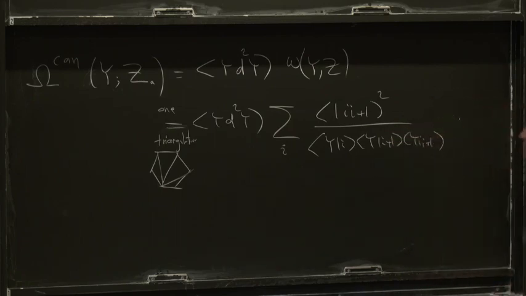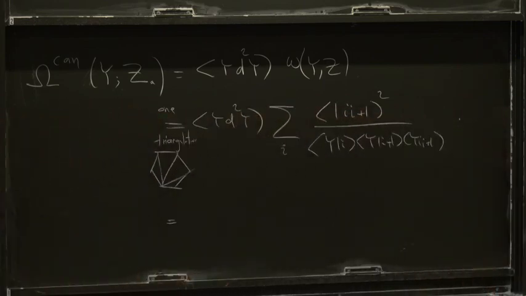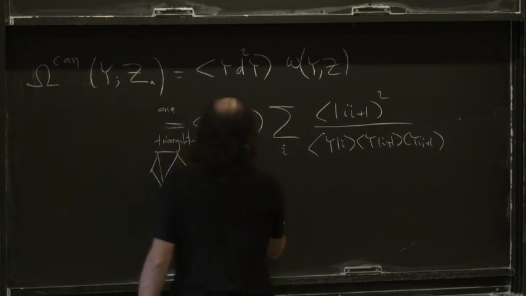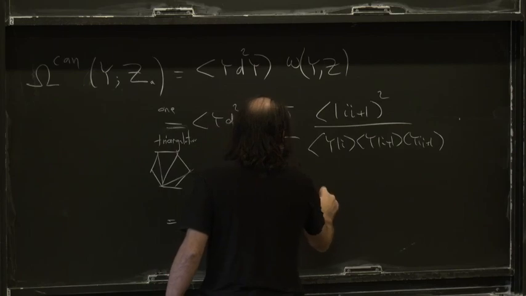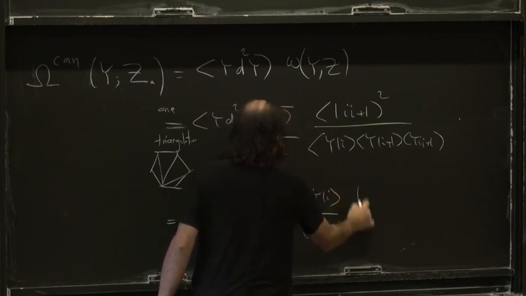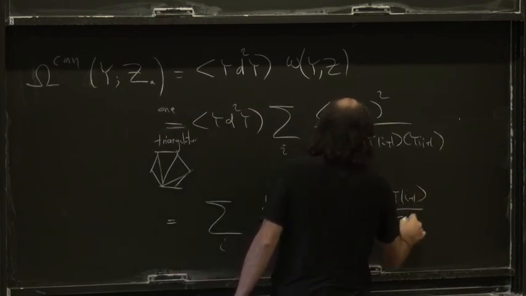I'm just writing these so we see that there are explicit formulas for it. And we found another. This is a form with logarithmic singularities. Another way of making the fact that it has logarithmic singularities manifest is the sum over i of d log of <y 1 i> over <y i i+1> times d log of <y 1 i+1> over <y i i+1>.